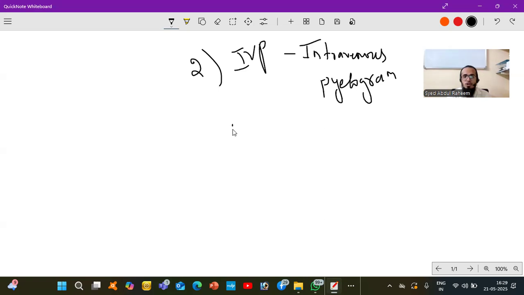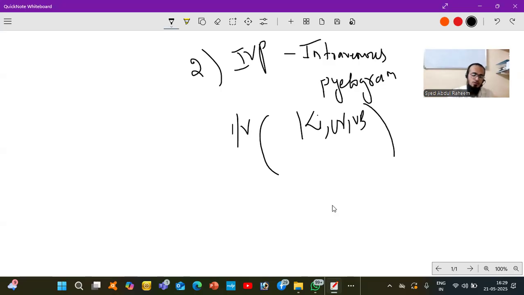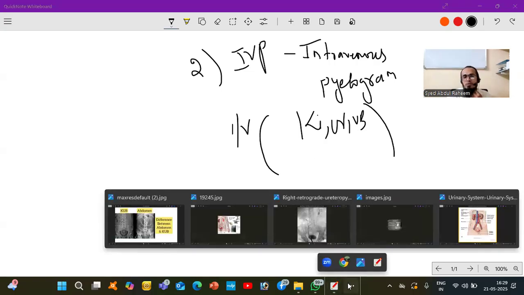We will give the IV contrast, one injection. Then after that we will do an X-ray. It will give the picture of the kidney, ureter, and urinary bladder, not the urethra. For the urethra, we will get another scan.